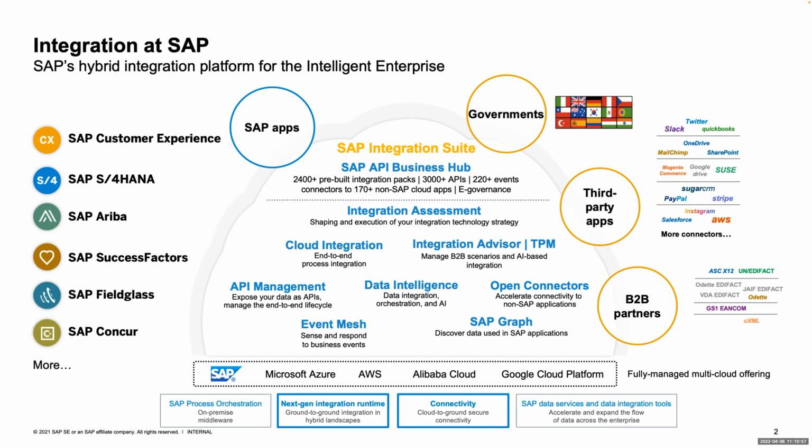And last but not the least, the API Business Hub, which is essentially a catalog of integration content, APIs, business events, and other integration related artifacts, right? So these are something that we call integration accelerators, right? Which means if you start from zero, you will have to build everything from scratch. But imagine if you already have something pre-built for you, right?